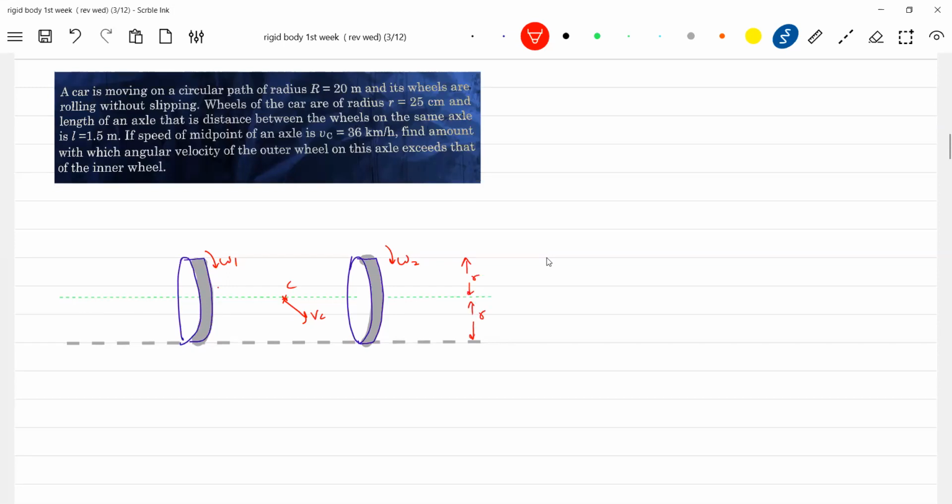There's the radius r. It's moving in a circular path, and the wheel on the same axle is. So this is the length L.